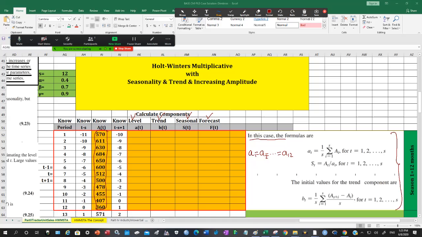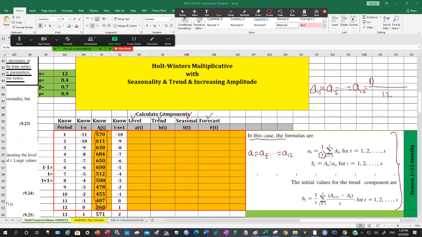S is 12, so you see 1 over 12. All of these level components, A1, A2, ... through A of 12, will all be the same.